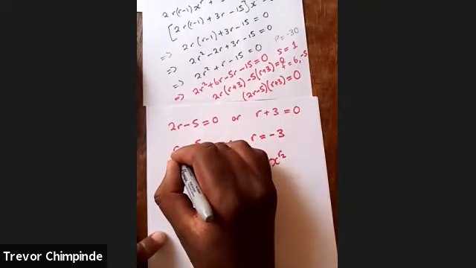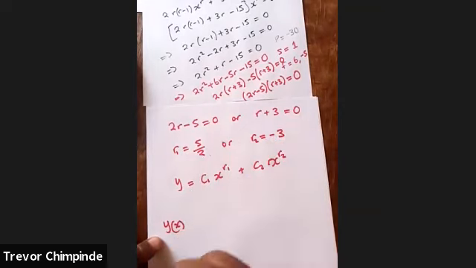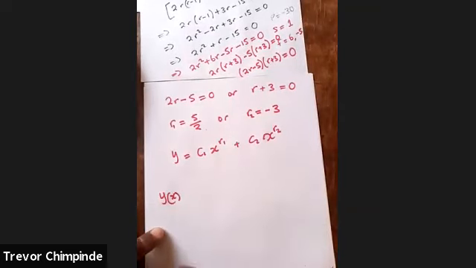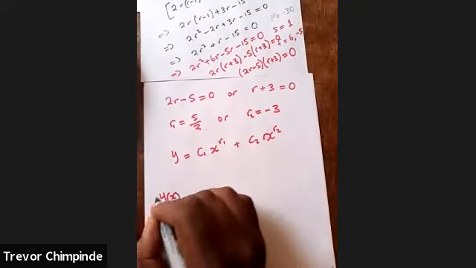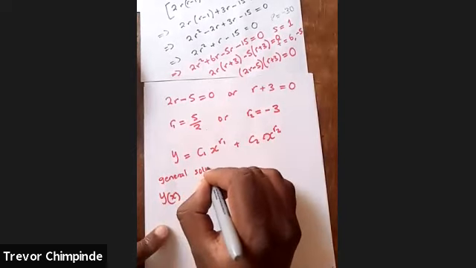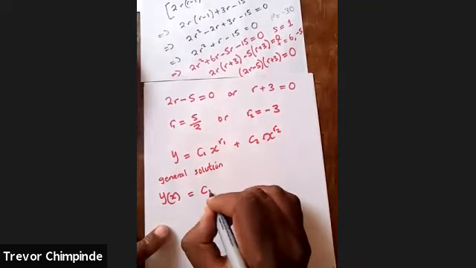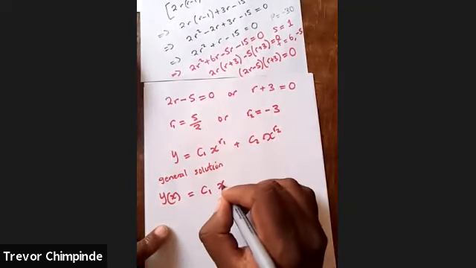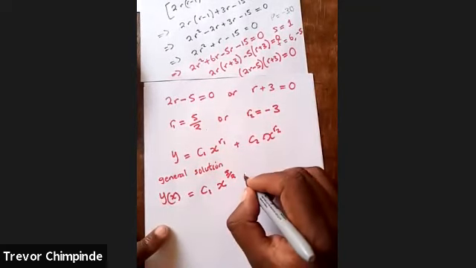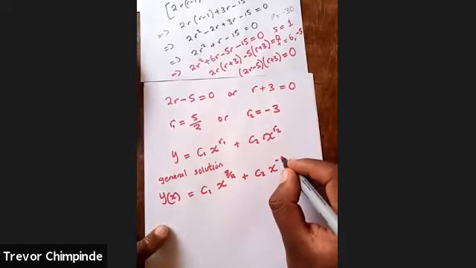So for this specific problem, the general solution, and not the specific solution, is y equals C1 x to the 5 over 2 plus C2 x to the negative 3.